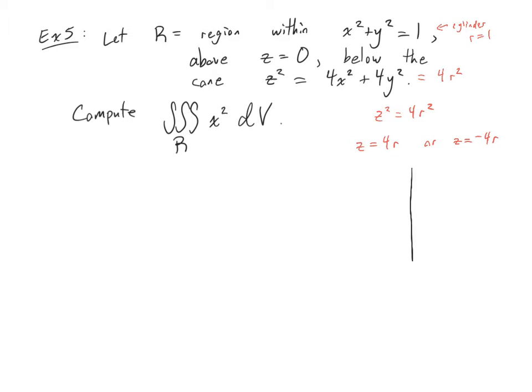And that means our picture in the zr plane has these two lines with slope 4 and slope minus 4.